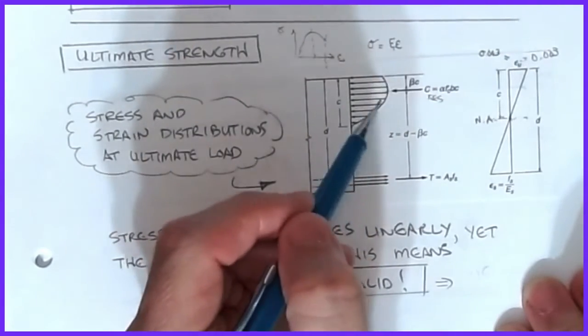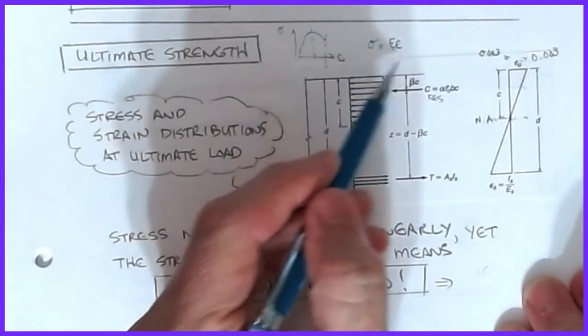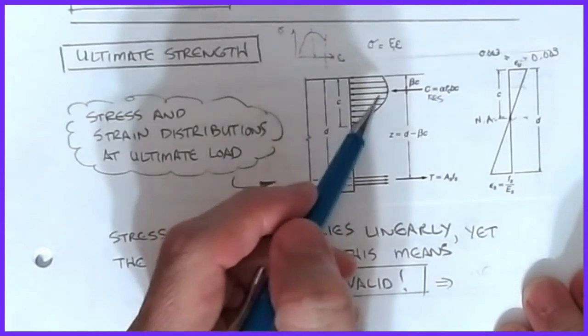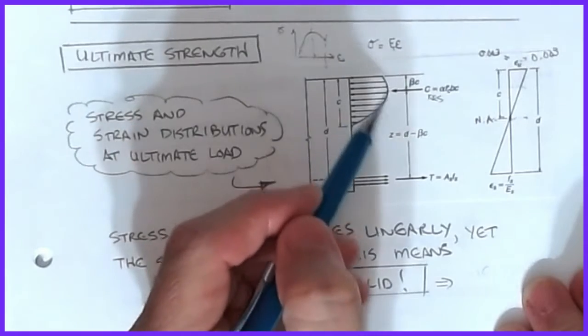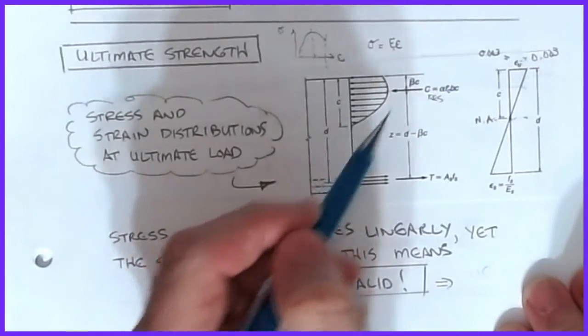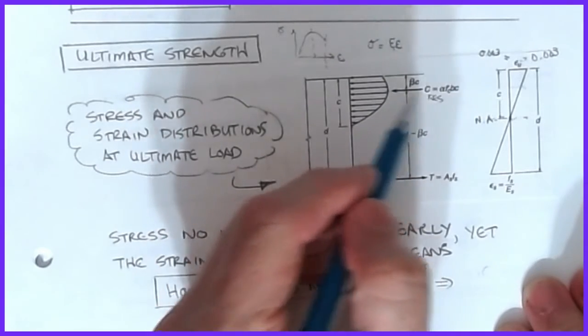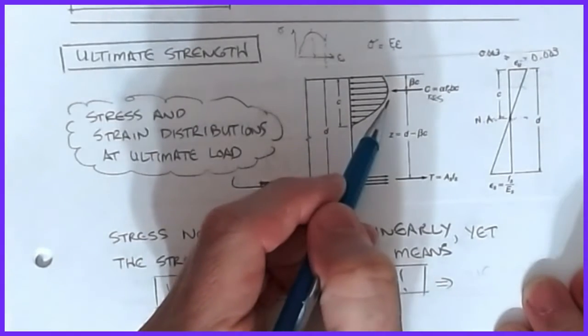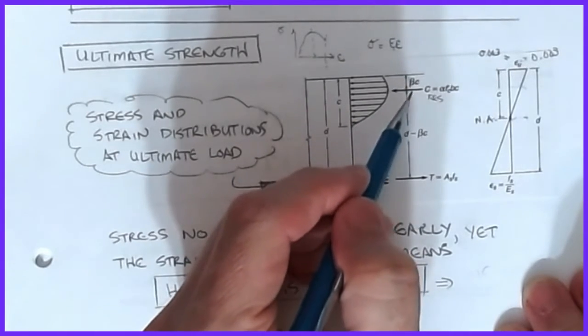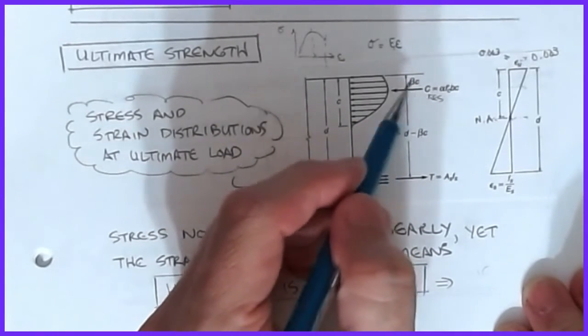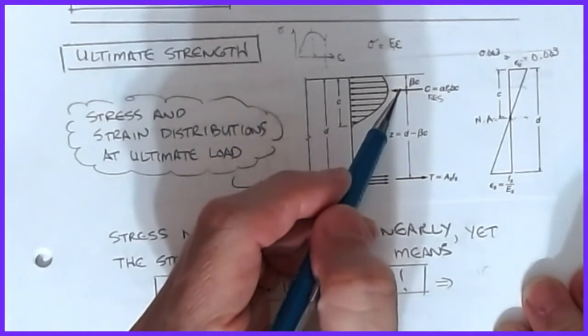So there isn't a linear relationship for Hooke's law anymore. We get this strange distribution that's kind of parabolic but kind of not. By integrating this, I could find my C resultant, and I could also locate the centroid, but it's not very friendly, and it's very cumbersome to do it this way.